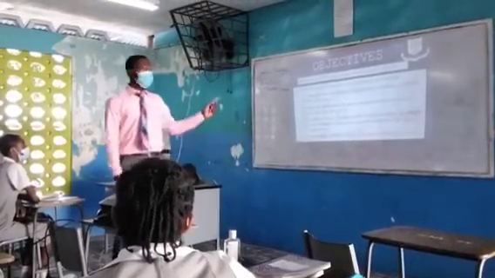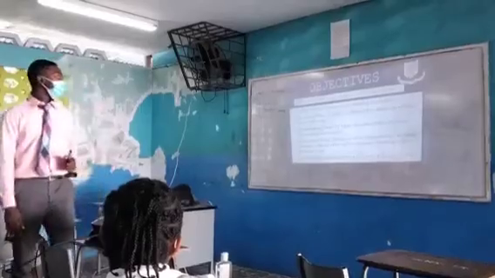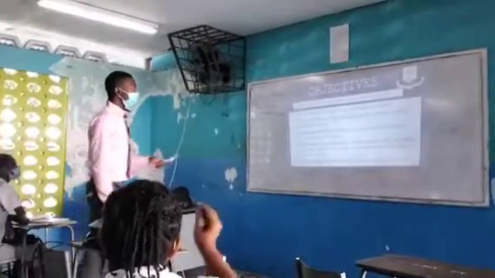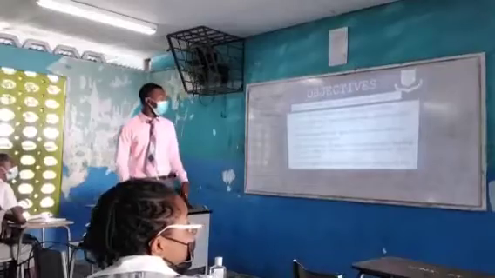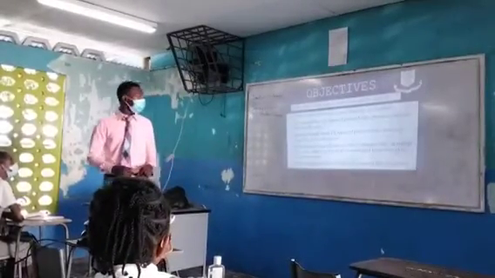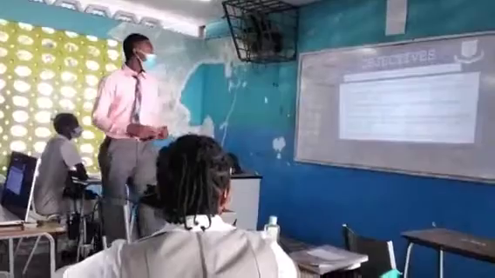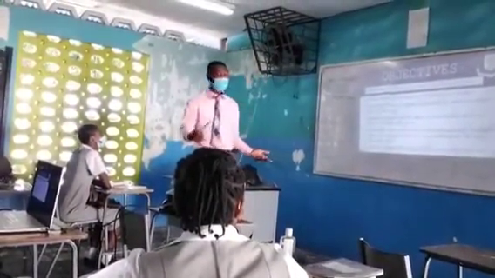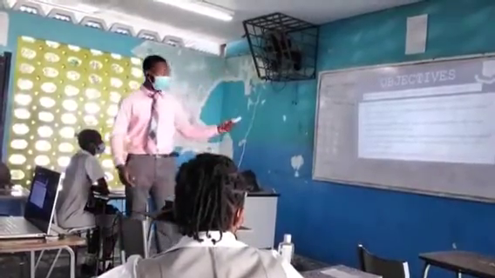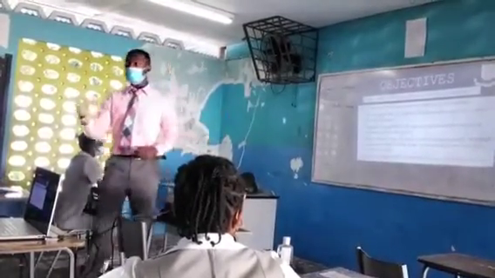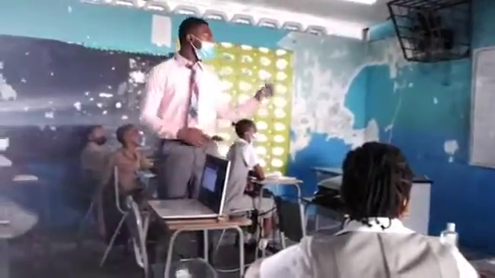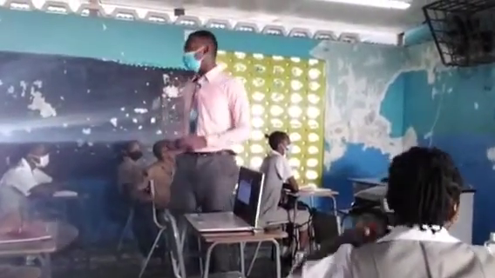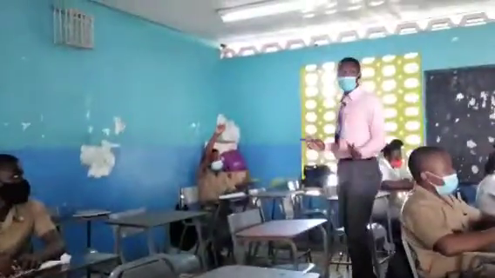At the end of the class, you, the students, should be able to define what a presentation drawing is accurately, list at least 3 types of presentation drawings, explain at least 3 types of presentation drawings based on class discussion, state at least 3 ways in which presentation drawings are applicable in the built environment, and also create a presentation drawing. So I hope that you have your crayons and all of that.